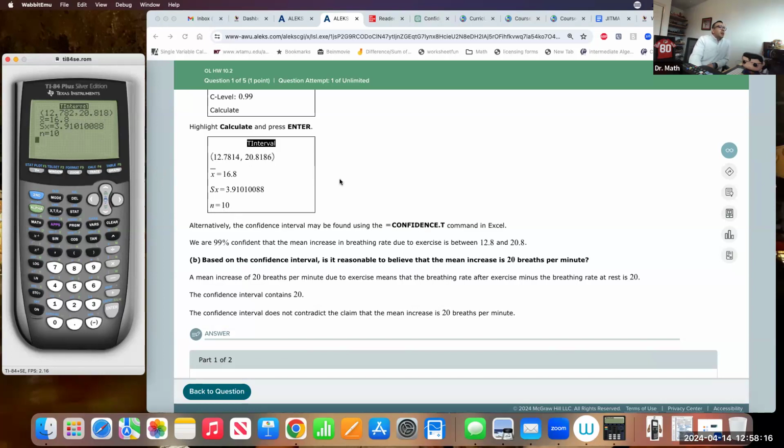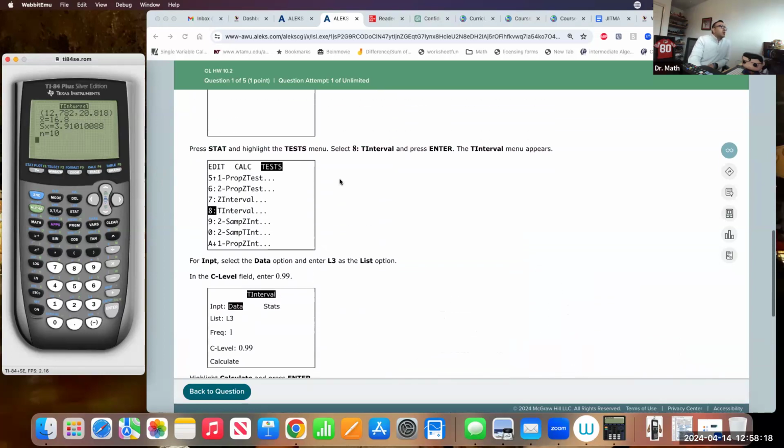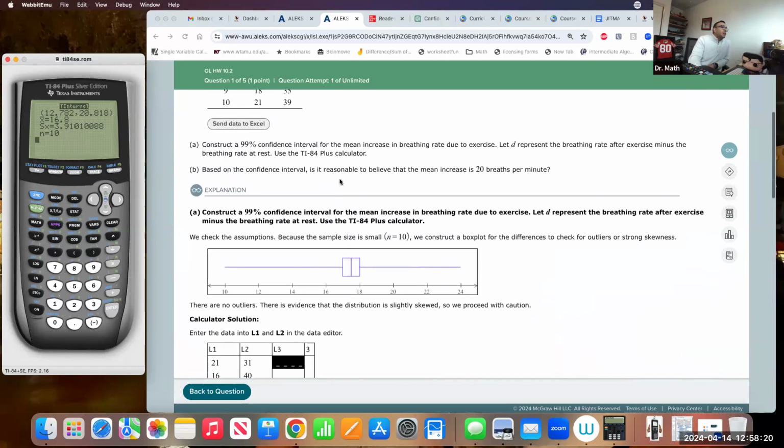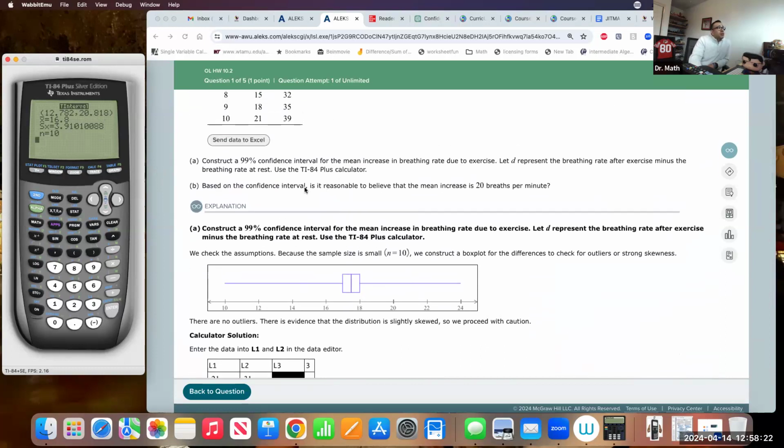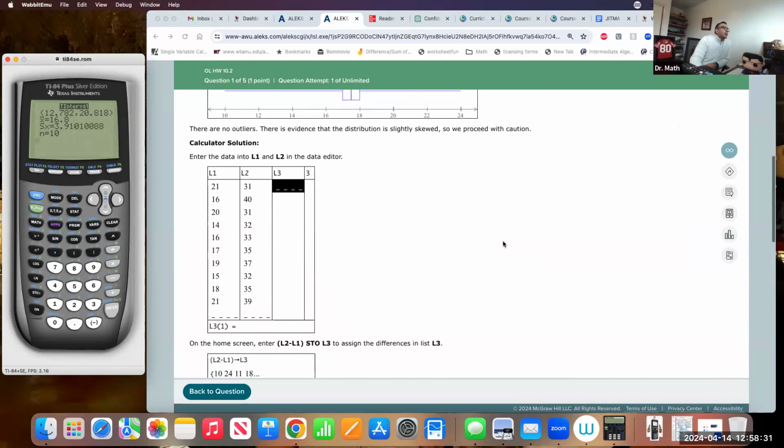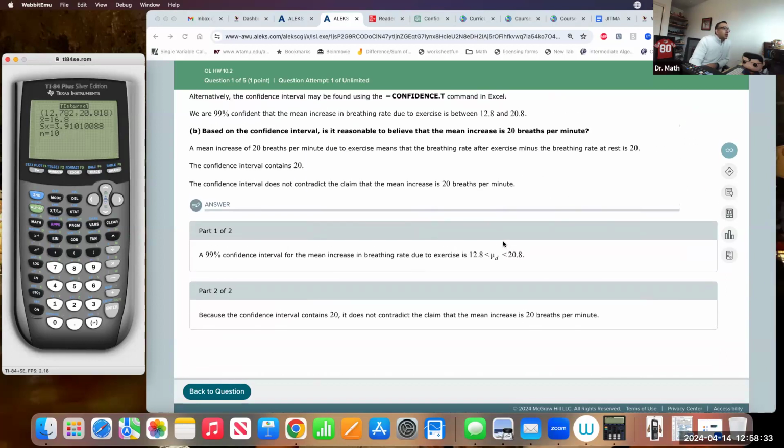All right. So let's see. Let me go back to the original question. And let's see what they're asking. Based on the confidence interval, is it reasonable to believe that the mean increase is 20 breaths per minute? All right. So that's the question. So because the confidence interval does contain 20, it does not contradict the claim that the mean increase is 20 breaths per minute.